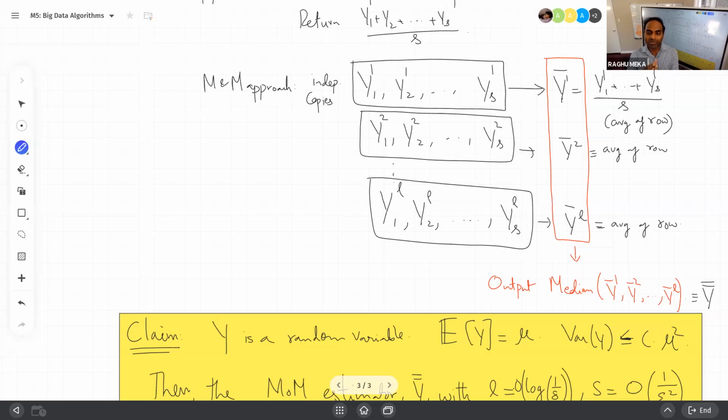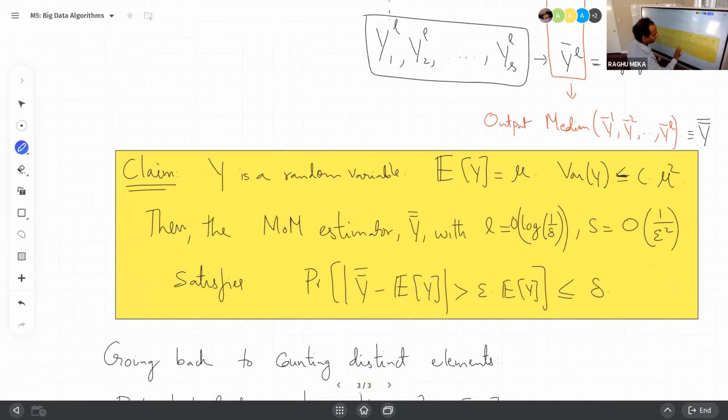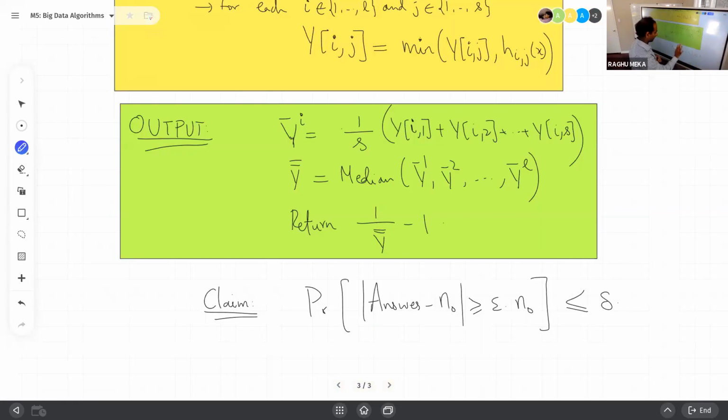But once you cross this threshold of half, if most of these rows are good, then taking the median will help. Does that answer your question? Once you take S so that you get slightly below half in error, taking the median will boost it. Okay? Yeah, so that's the reason, that's a very good question though.